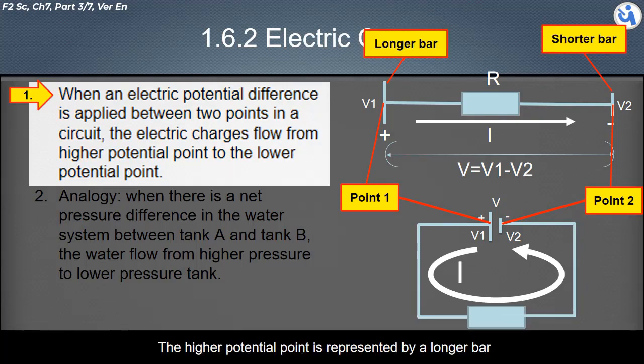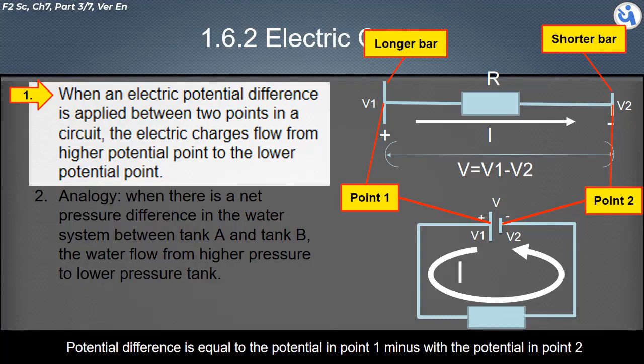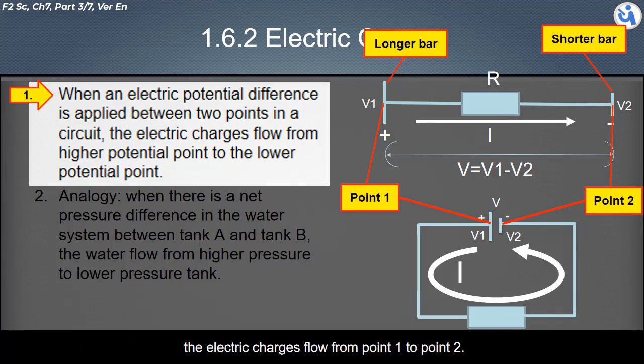The higher potential point is represented by a longer bar. The lower potential point is represented by a shorter bar. Potential difference is equal to the potential in point 1 minus the potential in point 2. The electric charges flow from point 1 to point 2.